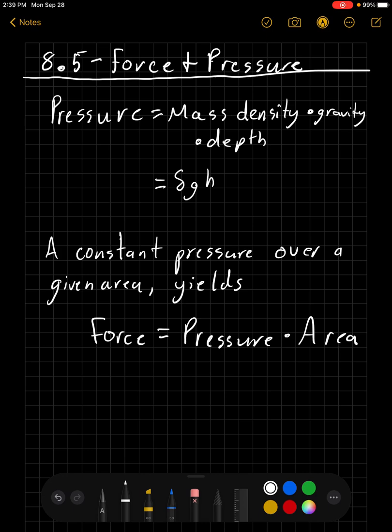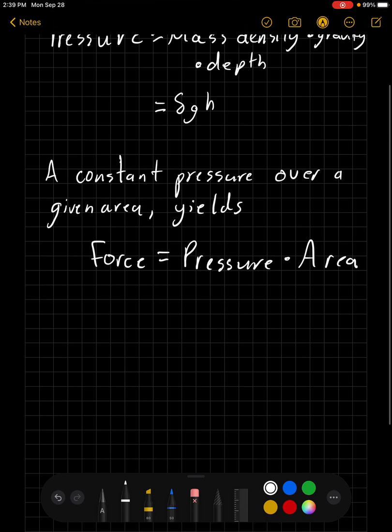That can make sense if pressure is this downward force on something, and then I apply it uniformly to some area surface, then force should be equal to the pressure scaled by the area of that surface.